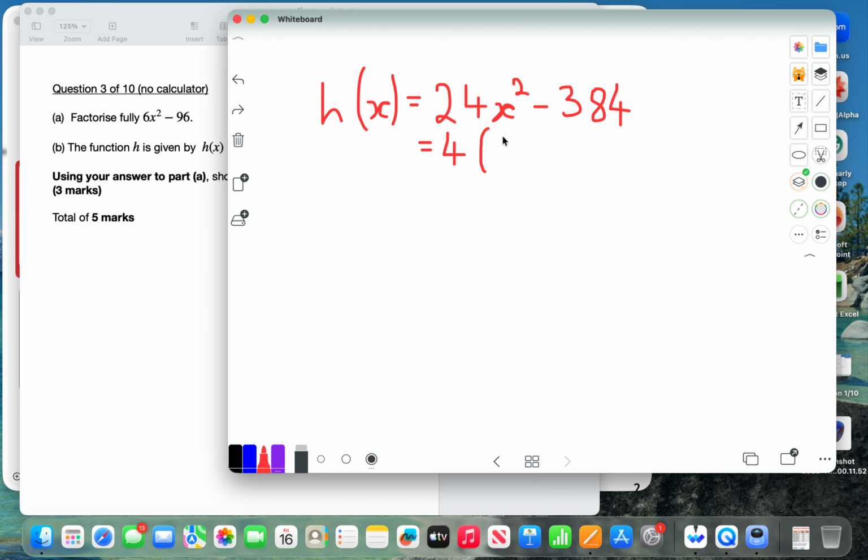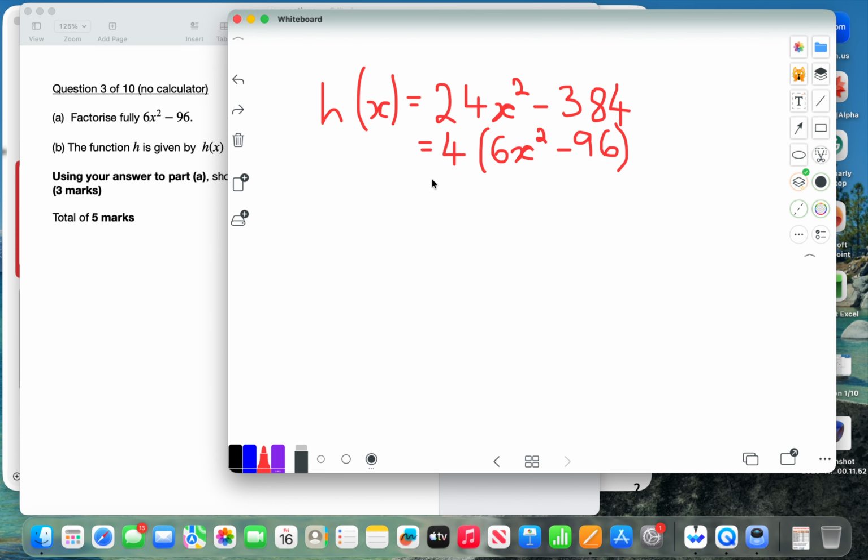Divide 24 by 4 is 6x squared, and 384, divide by 2 is 192. Divide by 2 again is 96.